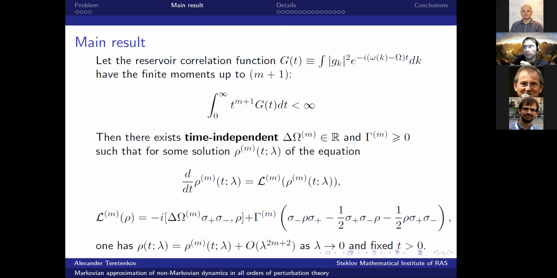For example, if we have only the zeroth moment but no higher moments, then the reservoir correlation function usually has long tails, and if it decays exponentially, it for sure has all the moments. So it is very natural that if your correlation function is well localized in time, then you could describe it by Markovian equations. And the better you could localize it in time, the better the asymptotic precision with which you could describe it by a Markovian equation.